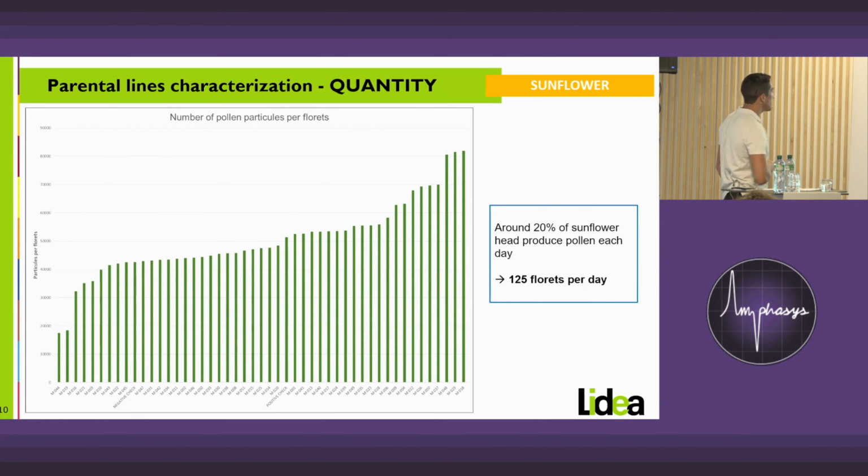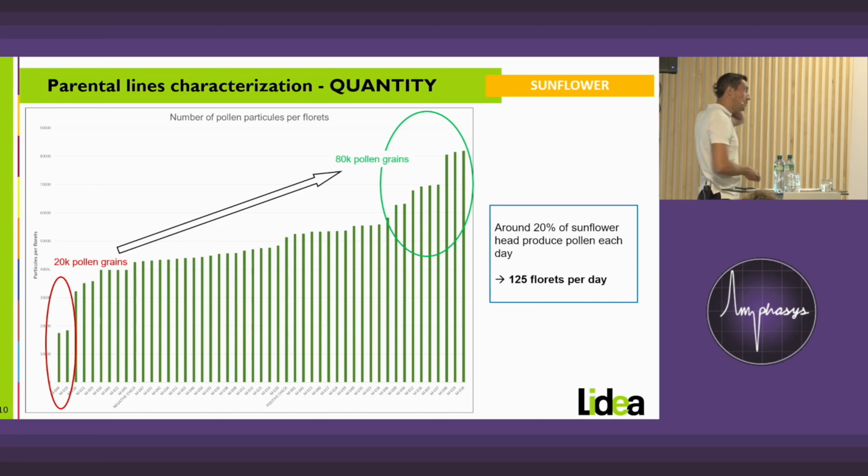This is the result about quantity. We have the panel of males here and the particles per floret in the y-axis. So we can see we have a huge variability in terms of quantity in our tested panel, from 20,000 pollen grains per floret to 80,000 pollen grains per floret.